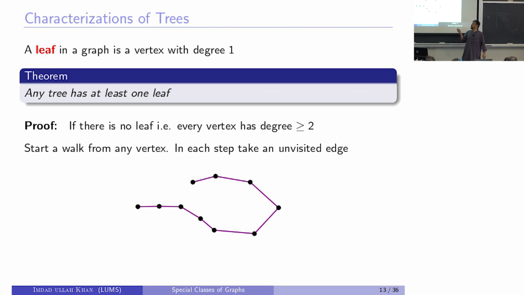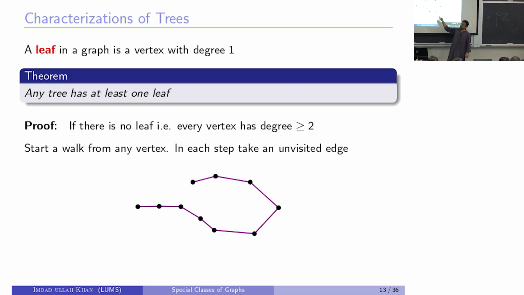So I used only one edge for this vertex, right? Can this vertex have unused edges? This vertex can claim that I have no more unused edges, right? Because the requirement was degree 2, and you used 2 degrees for this vertex.